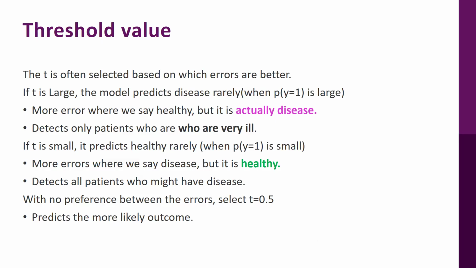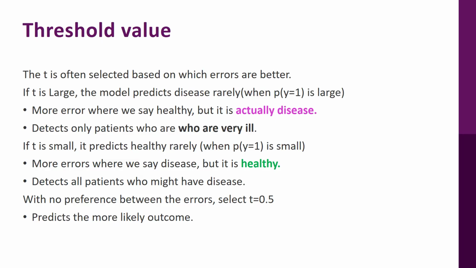On the other hand, if we set t as a very small value, then our model would predict healthy cases very rarely and would assign most of the cases to the diseased group. In this case, the errors occur because we say people are diseased, whereas they were healthy.